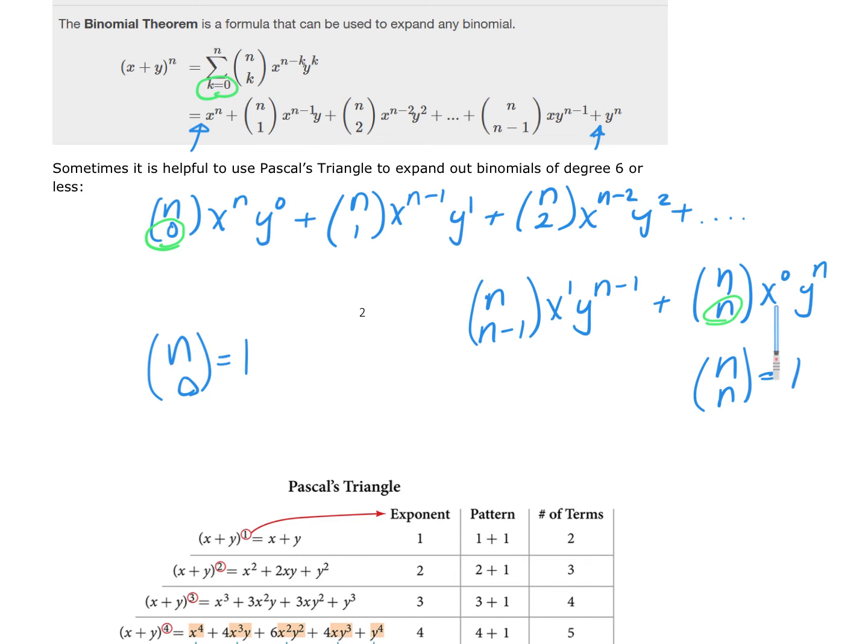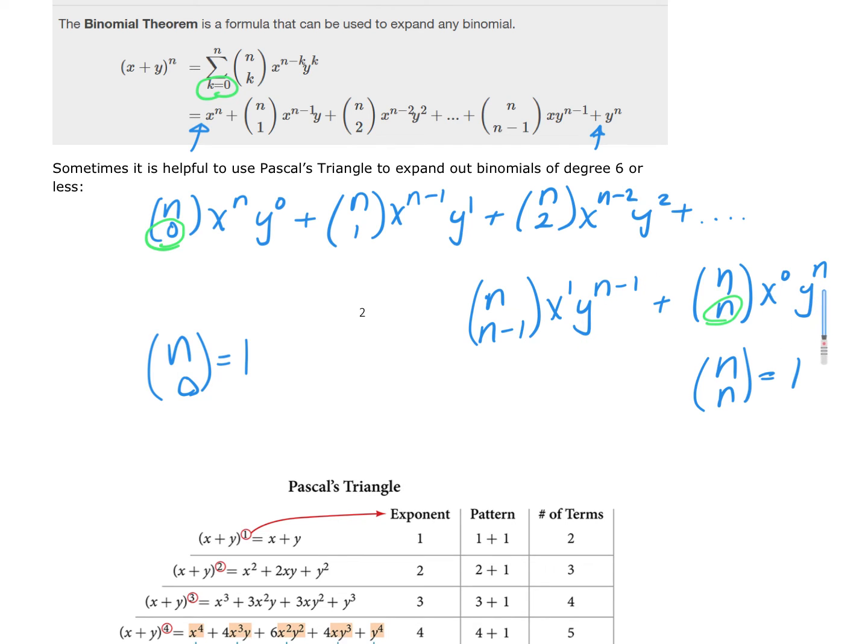Just like here, I like to write this as x to the 0, even though I know it's going to be 1. Simply because then I can see the progression in the exponents. So you drop an exponent, you keep dropping an exponent all the way down until you get down to an exponent of 1 and then an exponent of 0. Similarly, on my y's, my exponent of 0, then my exponent of 1 on the y, then the squared, then to the n minus 1, and then finally to the n.